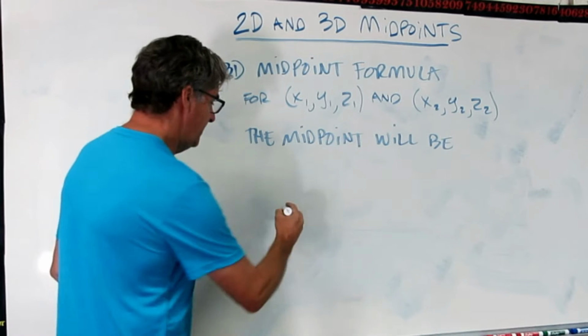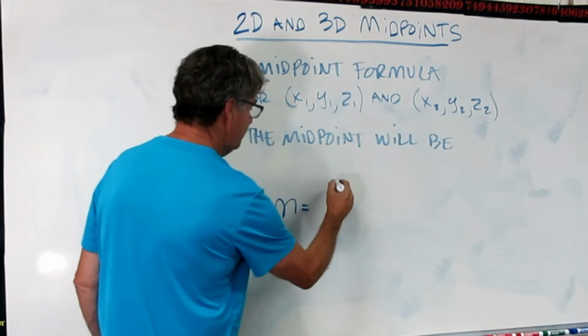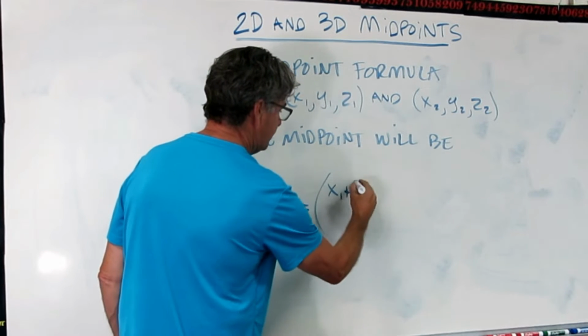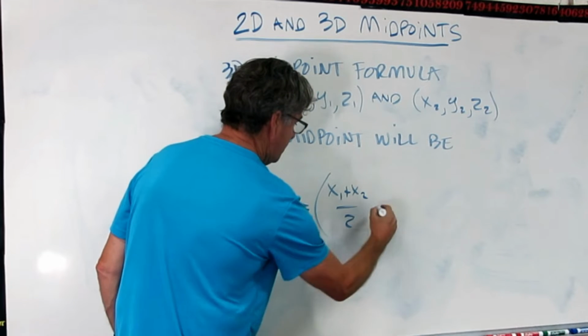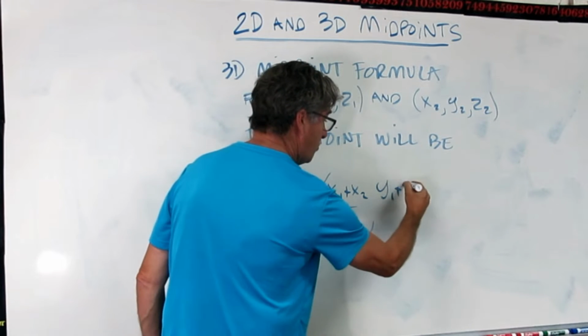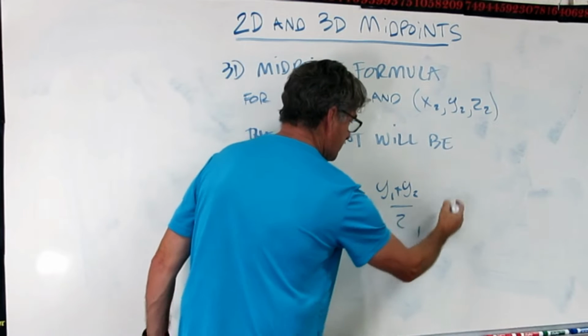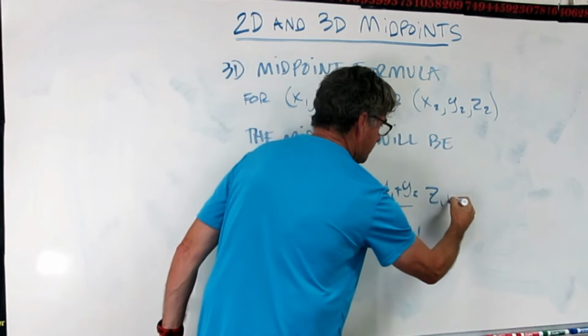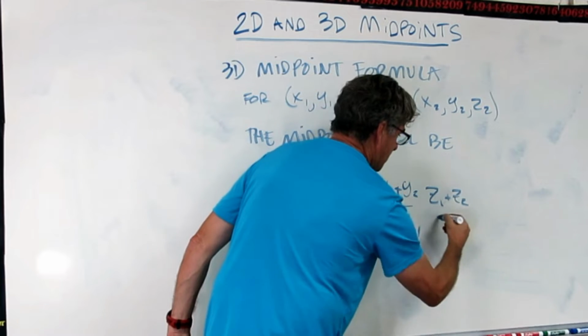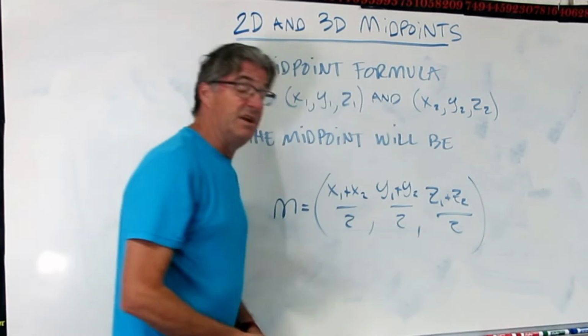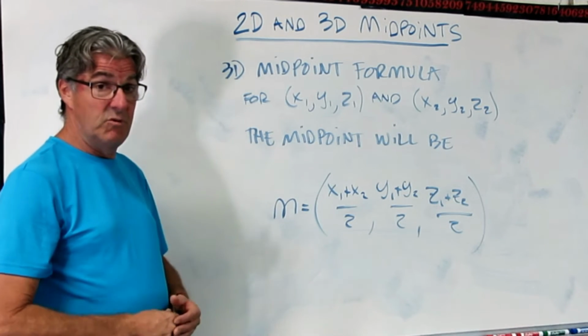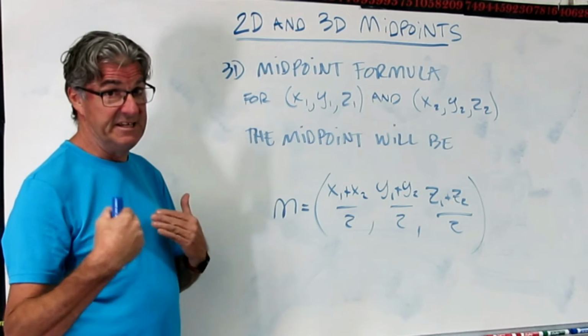Okay, here you go. M equals x1 plus x2 over 2, comma, y1 plus y2 over 2, and big surprise, z1 plus z2 over 2. It's pretty much the same thing as the 2D one, you just have a third D.